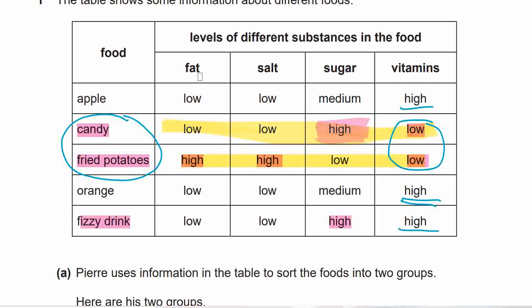So we group candy, fried potato, and fizzy drink as unhealthy food.